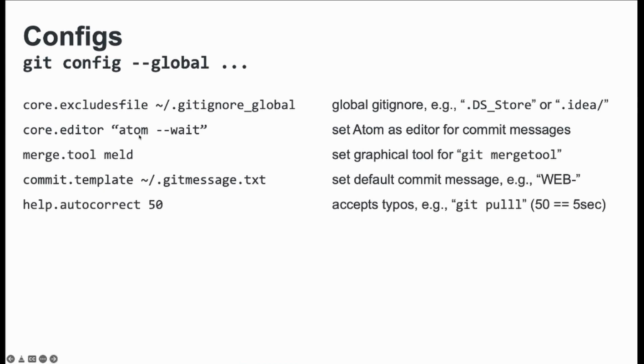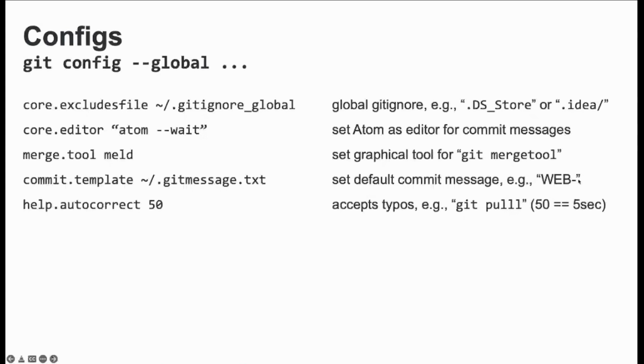You can configure your merge tool. And what I personally use the most is a standard default commit message. So I always have to start my commit messages with these four letters. It's not much, but at least I don't have to type those four.